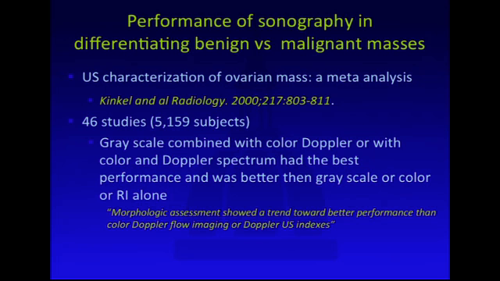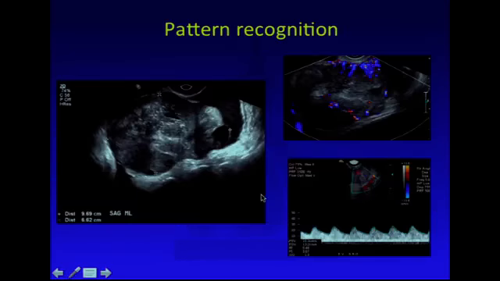And really, grayscale features combined with color Doppler, with color and Doppler spectrum, have the best performance. And not surprisingly, a combination was better than just grayscale or color or RI alone. But really, the morphologic assessment tends toward better performance than color flow. So really, the morphologic assessment of these lesions on grayscale is key, in my opinion.